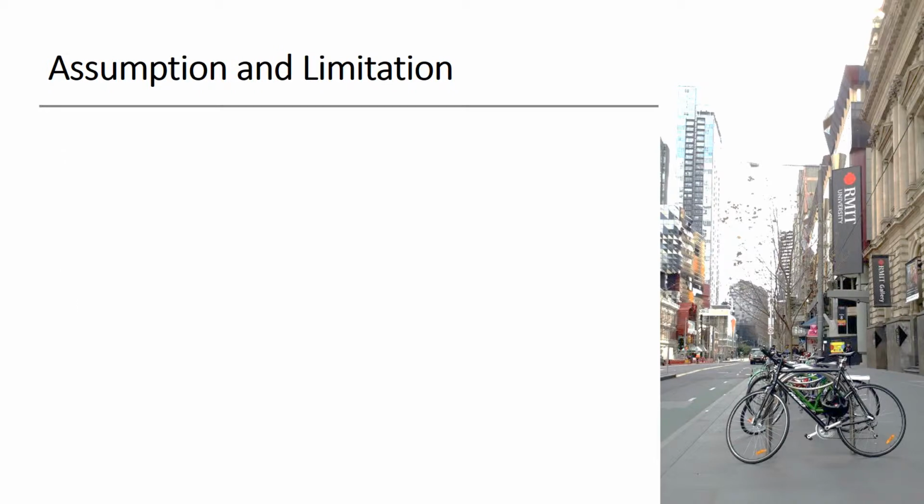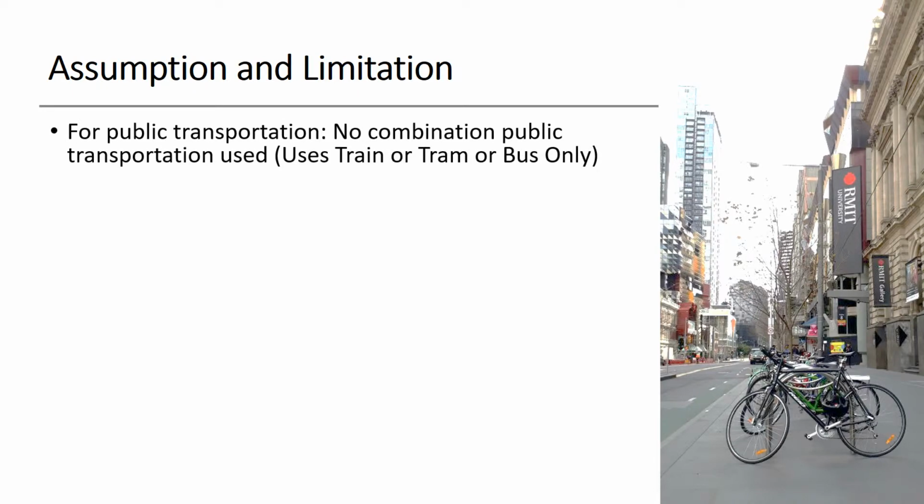During the process to build the map, I used several assumptions. First, related to the public transportation use, I assumed that the travel from accommodation to the campus only uses one type of transportation. For example, if we choose to travel using tram, from the start point, in this case the tram stops near the accommodation, until the end point, in this case the RMIT University tram stop in front of Building 8, we use tram only.